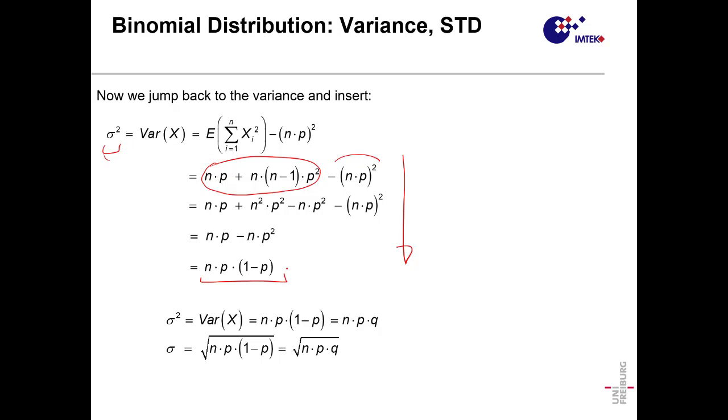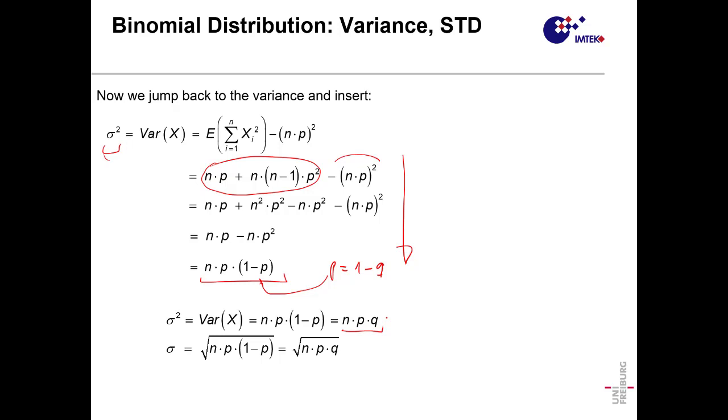And if you know that p is 1 minus q, then you can also plug that in, for example, here. And then what you get is that the variance of the binomial distribution is n times p times q. Okay? So the expected value of a Bernoulli experiment is p, right?